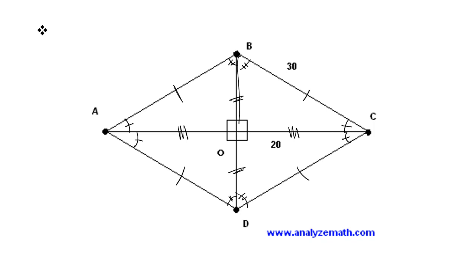What this tells me is that the diagonals of a rhombus bisect each other, that if I connect the opposite vertices of a rhombus, they'll meet at this center point and they'll cut each other in half. I can also figure out this right angle here that was given. I can show that that's the case.